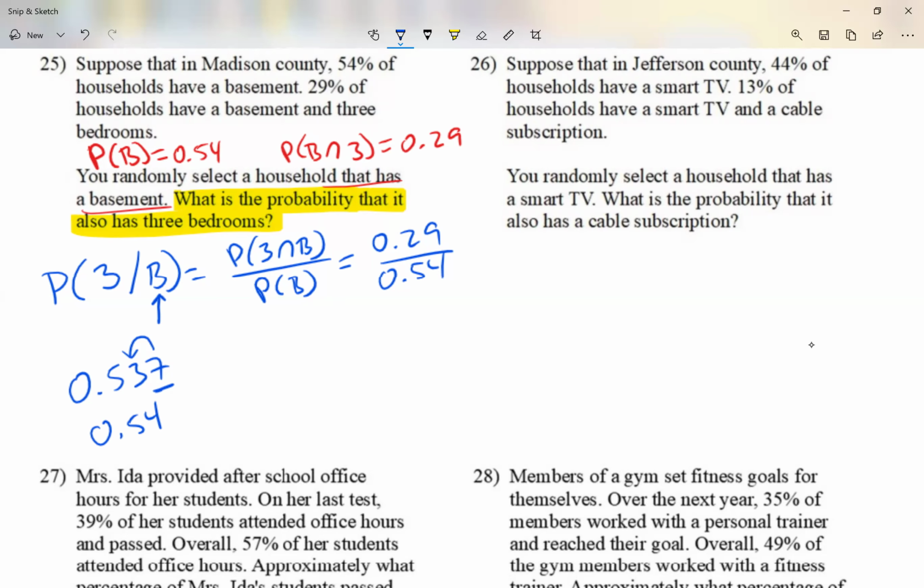But here I'm asking what's the probability, so I'm just asking to leave it as a decimal, 0.54. Remember, when I ask what's the probability, I'm asking for a decimal number between 0 and 1. When I'm asking for the percentage, I'm asking for a number between 0 and 100. So here, just leave it as 0.54. Make sure you read the question. Am I asking for the answer as a probability? Leave it as a decimal, 0.54. If I ask what's the percentage, then do change it to 54%.